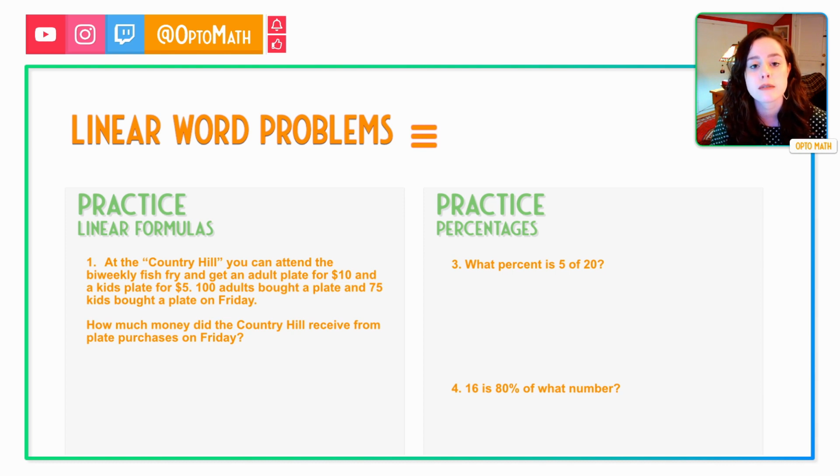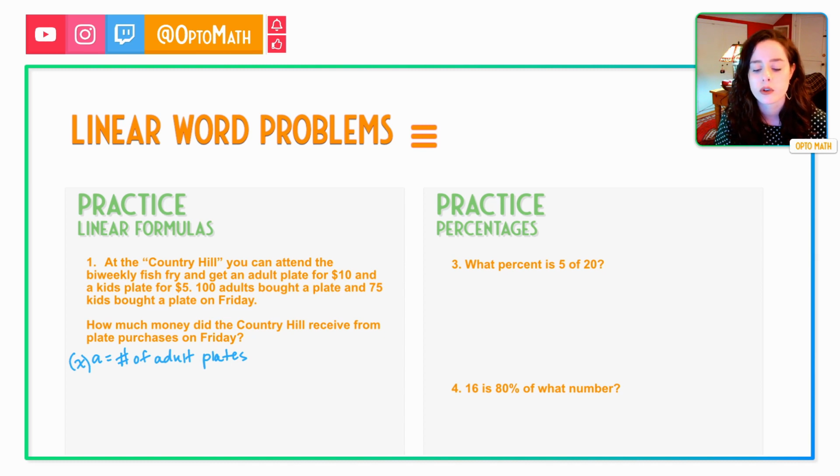So let's define some variables as X and Y, aka our amount of adult plates and our amount of child plates. So we can call those A for number of adult plates, this can be like our X. It really doesn't matter which one's our X and Y because we both have a rate and an amount, so a rate and a quantity.